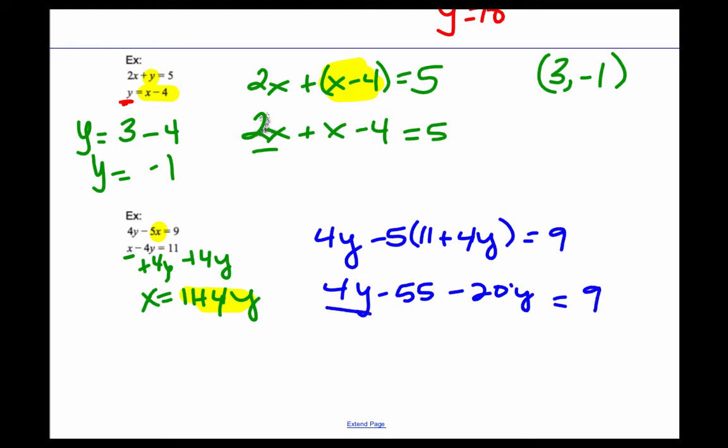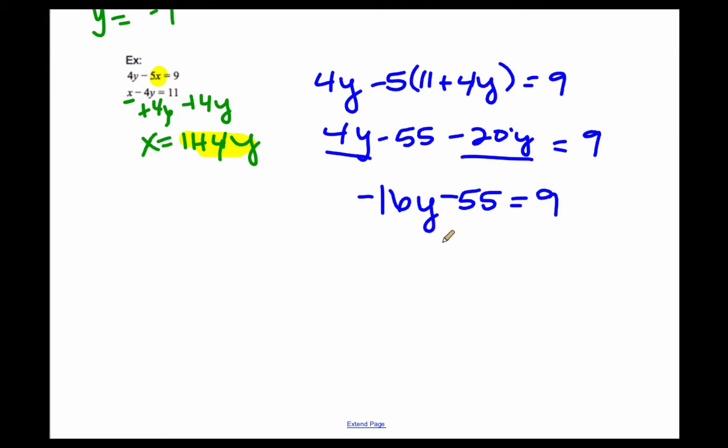Now I need to combine like terms. These are on the same side. So 4 minus 20 is negative 16y minus 55 equals 9. All right, so I'm still trying to solve for y. This is back to my solving equation. So I need to add 55 on both sides.